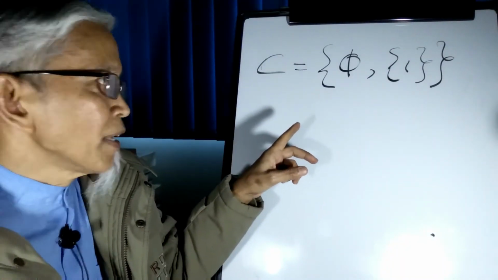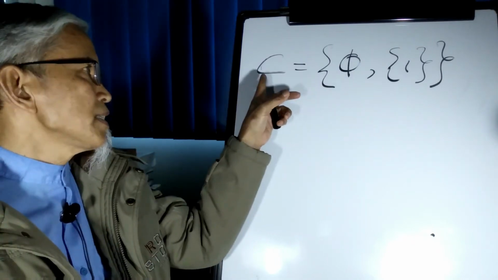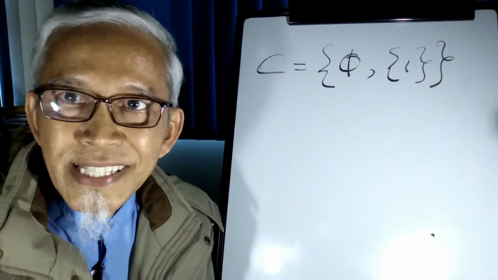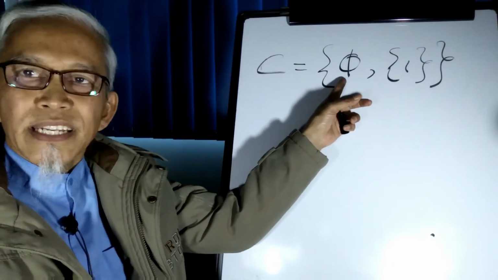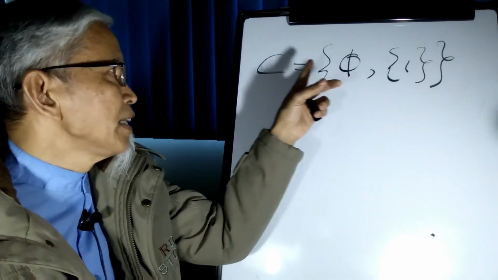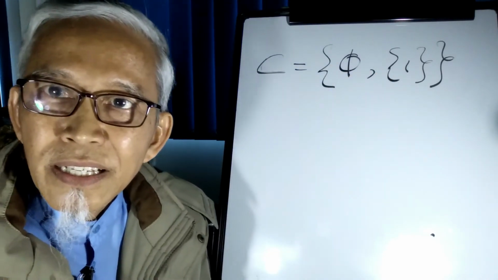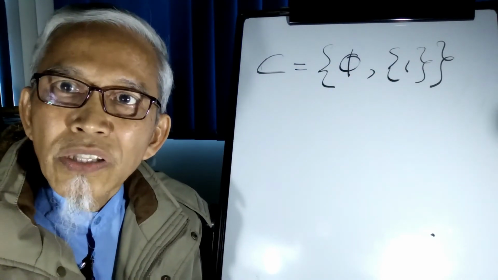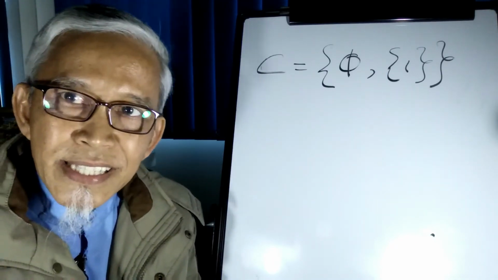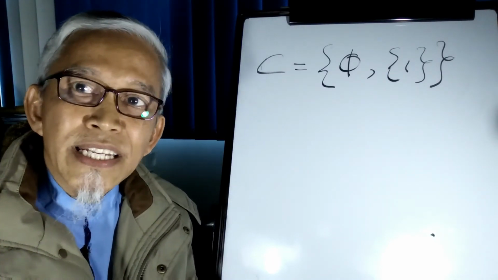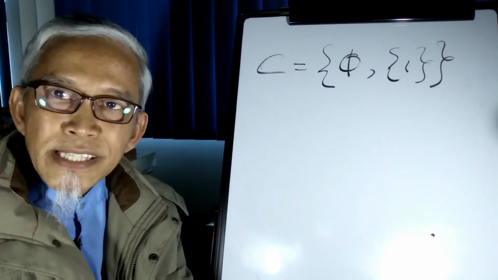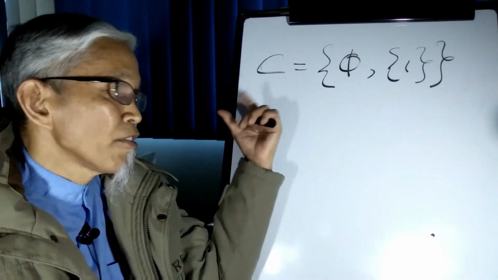Now please take note that set C consists of all sets. The first one is the empty set. The second one is also a set. This set C is a set containing only sets. Whatever that is, we are more interested in writing the power set, that means the subsets of C.